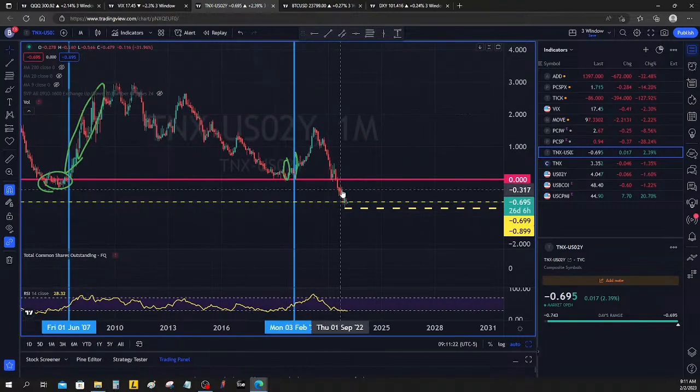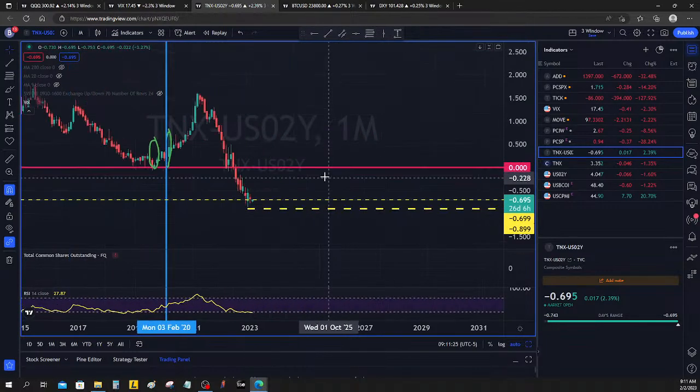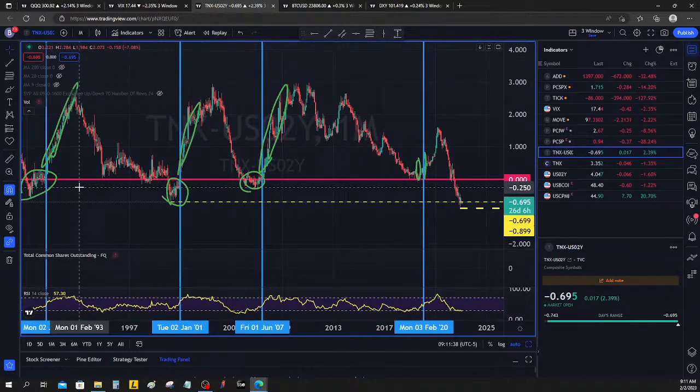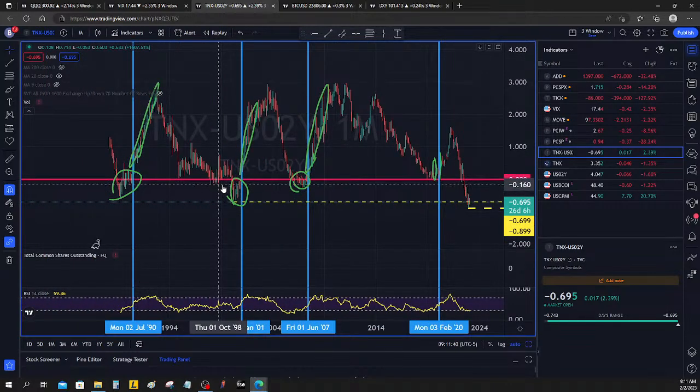And so here we are. I think we're working on month 8 now as of February. Let's see, 1, 2, 3, 4, 5, 6, 7, 8. So we're going into month 8 of a yield curve inversion, which historically has lasted anywhere between 12 and 18 months.